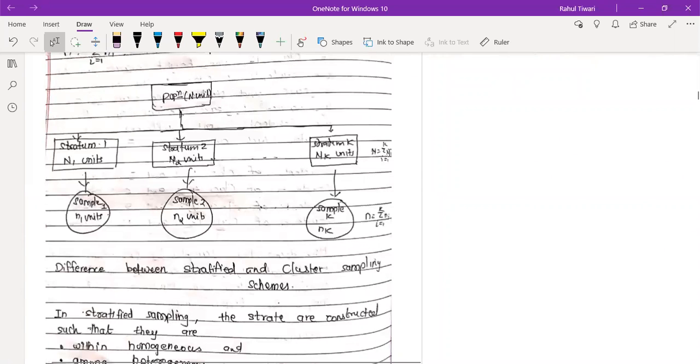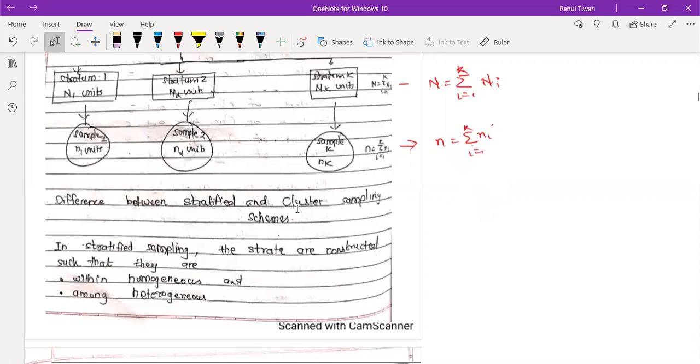But the total becomes the summation. So capital N is the summation of Ni, where i takes values 1 to k. This is the total of all population, which turns out to be capital N. Similarly, I have n1, n2, nk. Adding small n, this is the summation of ni, where i takes values 1 to small k.